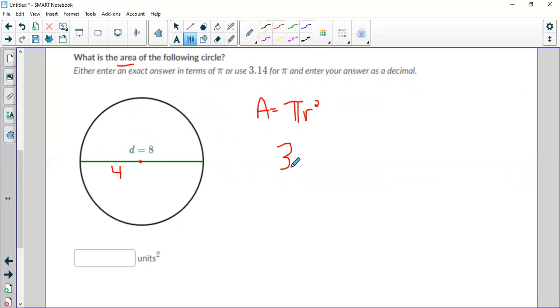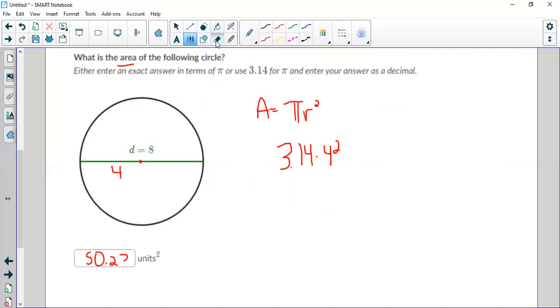So I'll multiply 3.14 times 4 squared. Well, 4 squared is 16. My calculator tells me that 3.14 times 16 is the area for that circle, 50.24 units.